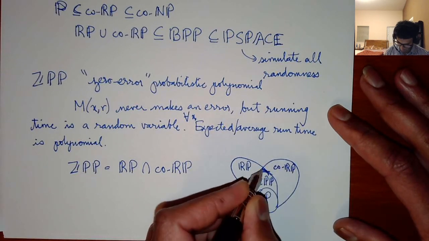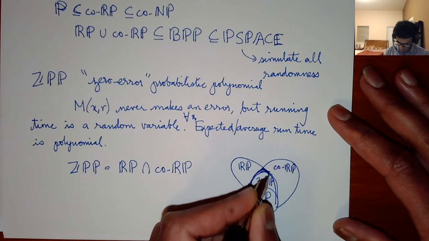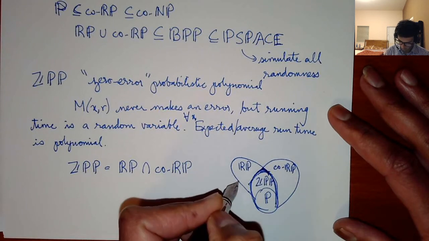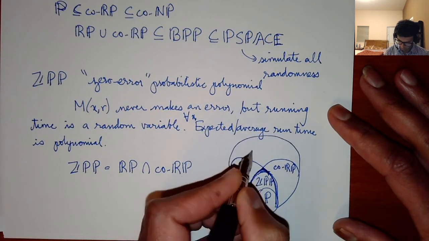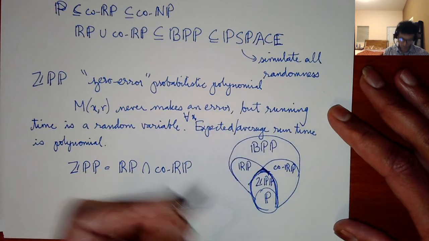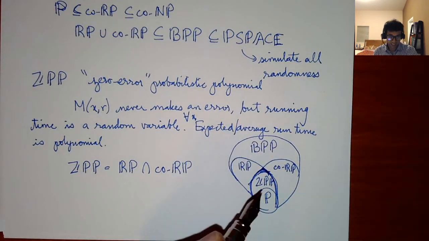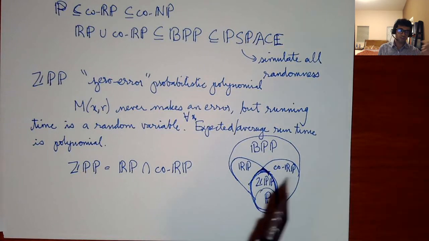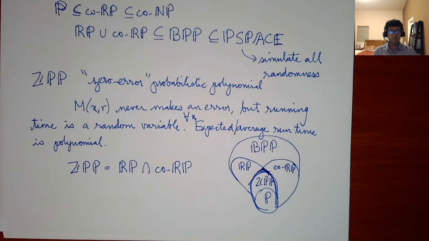The intersection is entirely ZPP. And all of this sits in BPP, which sits in PSPACE. RP is contained in NP, co-RP is contained in co-NP, and you can ask, what about BPP versus NP and co-NP? And that's something that we may get to in the next lecture. So these are the basic classes that we're going to talk about.